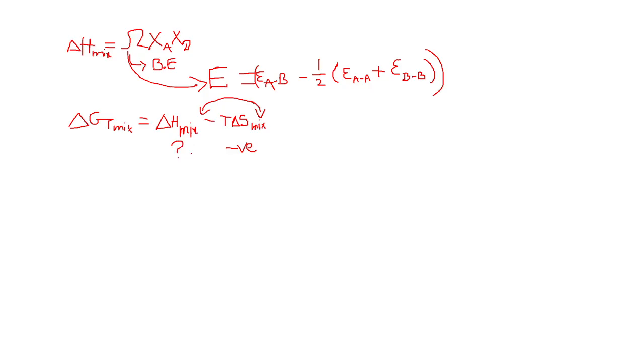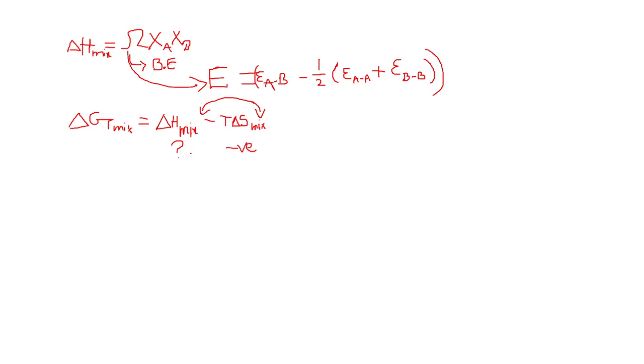Now if we are talking about ideal solutions, what do I mean by ideal solutions? Ideal solutions are nothing but delta H mix is 0. That means we are only dealing with delta G mix equals minus T delta S mix. Now we know the whole minus T delta S mix term is negative, right?